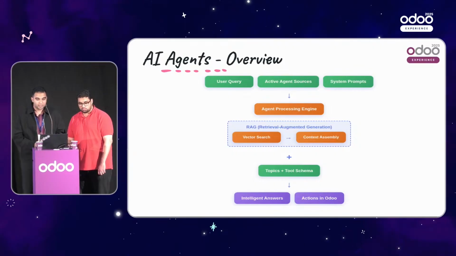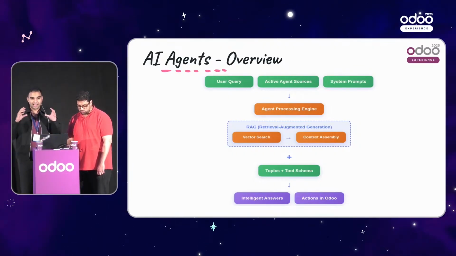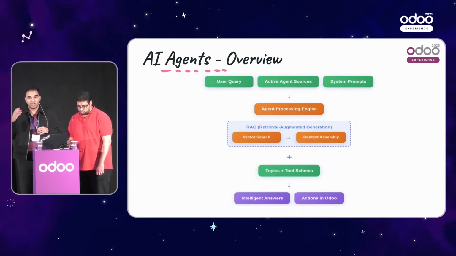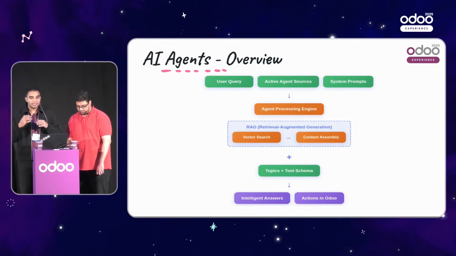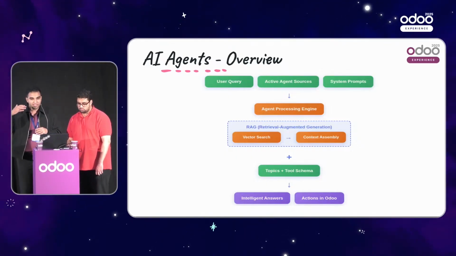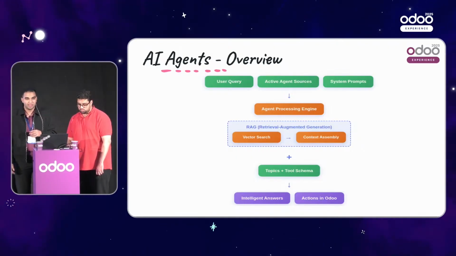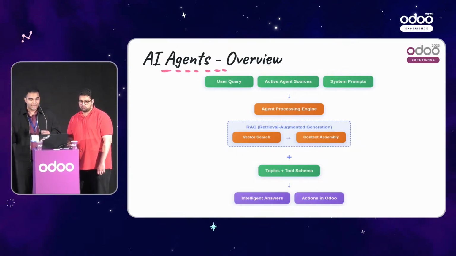All of that is going to the agent processing engine, which is the RAG layer that is getting the most relevant context from the sources that is related to your question, and accordingly integrates this context with the context of the topics, the instructions that guide the AI agent of what to do, and the tools schema, and sends it to the AI so that it can help you with answering questions and doing actions.